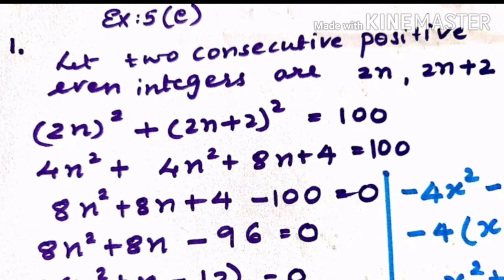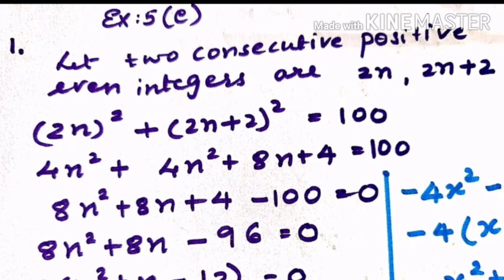We have to open the bracket accordingly. So 4n square plus 8n plus 4 is equal to 100. Now adding the like terms, I get 8n square plus 8n plus 4 minus 100 is equal to 0. Now 8n square plus 8n minus 96 is equal to 0.